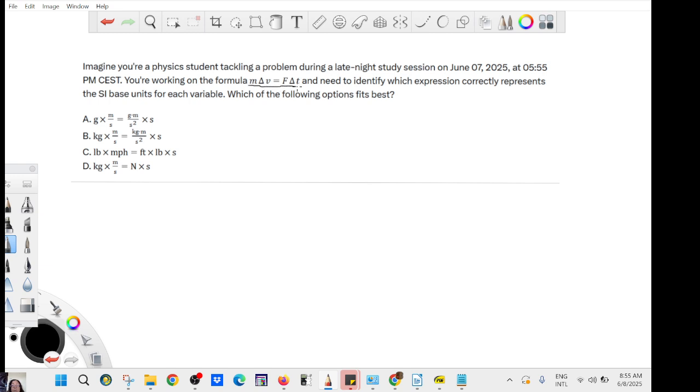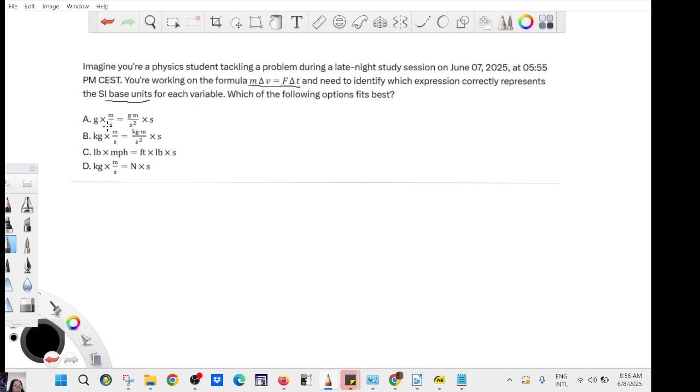So again, the impulse momentum theorem, SI base units for each variable. So you want to know which of those expressions correctly represent the SI base units for each variable for that equation here.